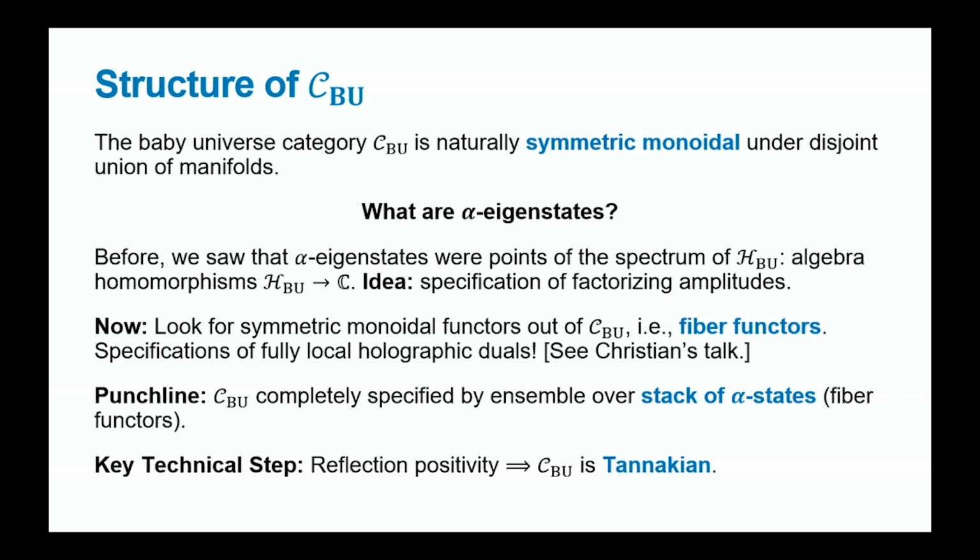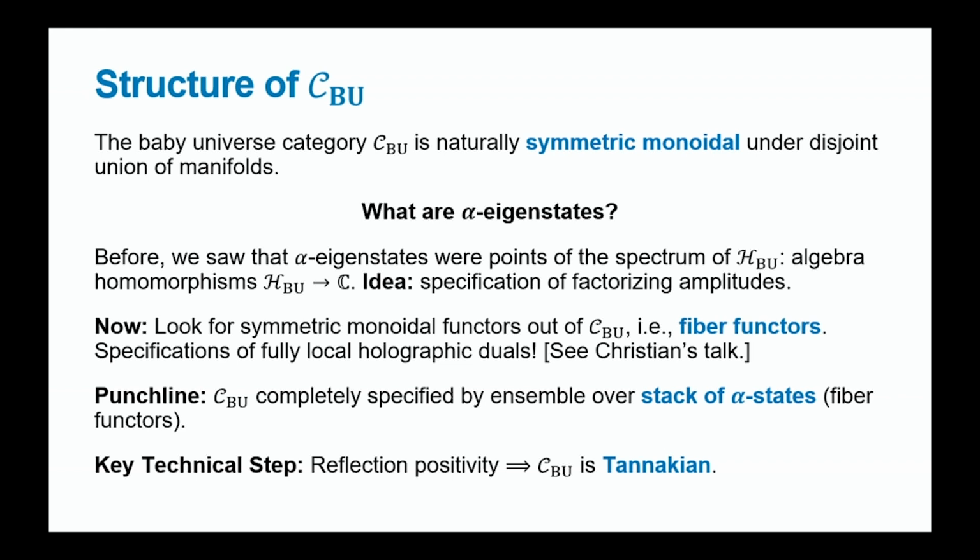What we saw there is that the specification of a gapped boundary of the bulk specified a particular member of the ensemble, and another description of that gapped boundary is in terms of a fiber functor. So this is a description of the collection of fully local holographic duals contained in this path integral. I realize this is somewhat abstract. I'll hopefully get to some concrete physics punchlines in a slide or two.